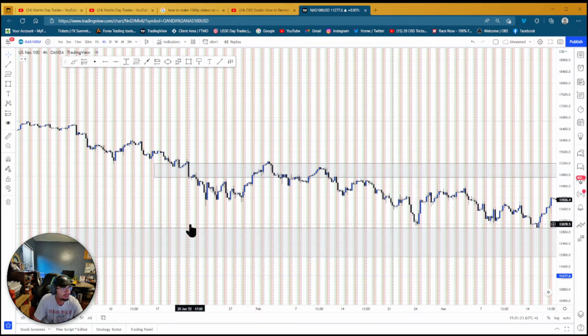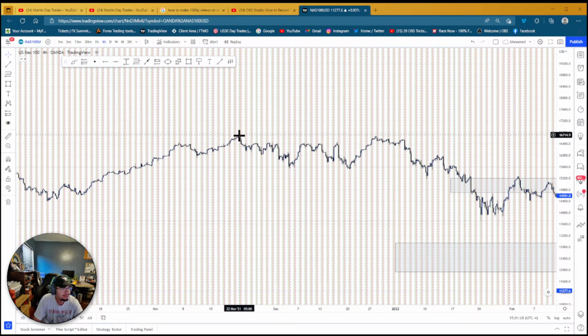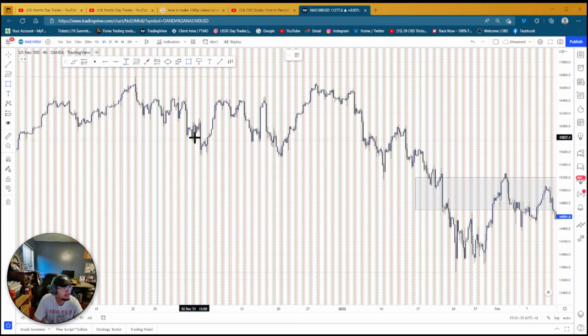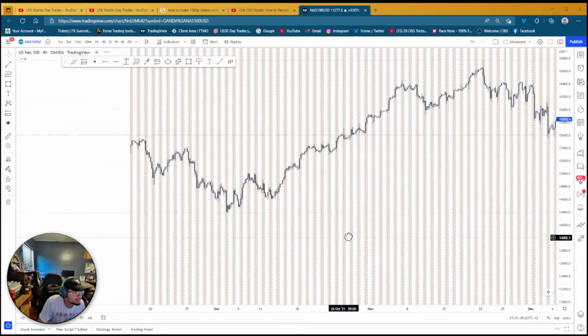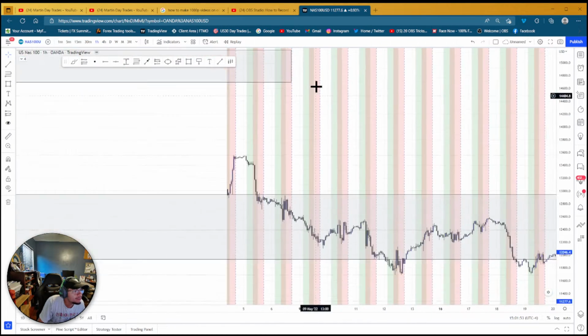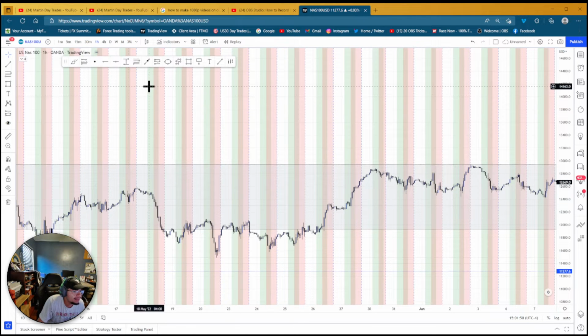There's that imbalance that was created. I think this is one right there, guys. So I'm having a difficult time finding some fair value gaps. Hour. Oh yeah, a lot better.